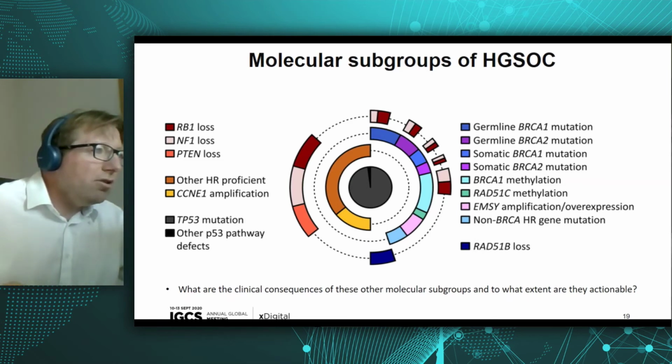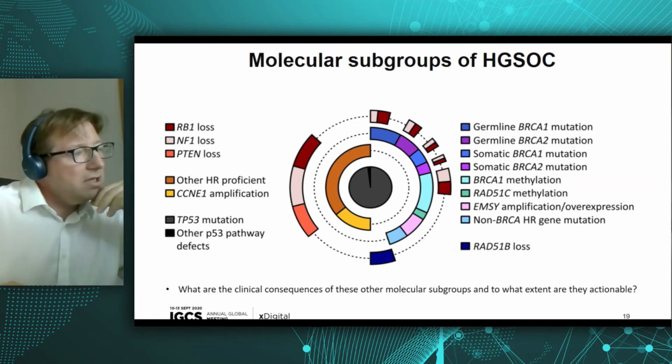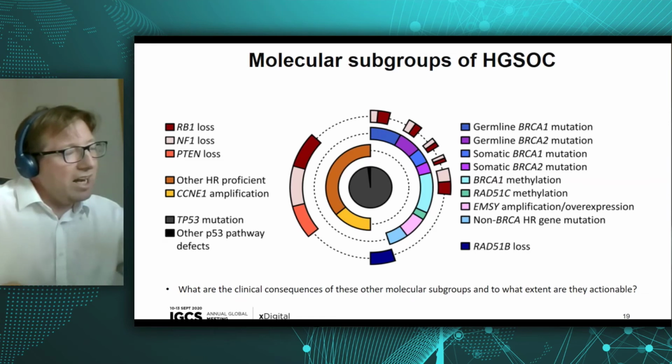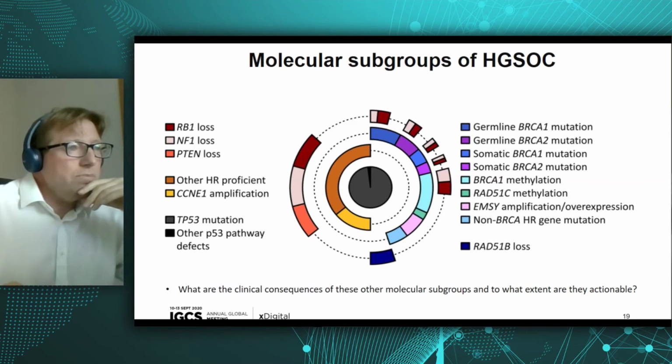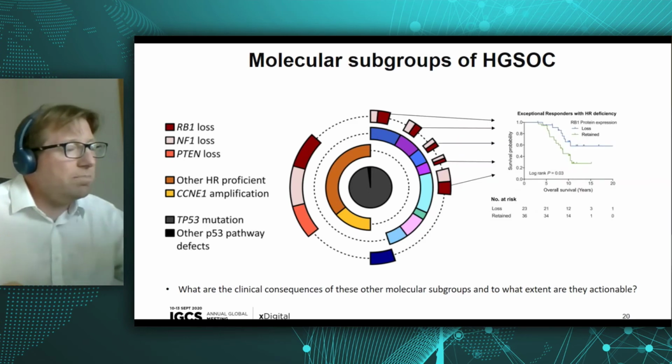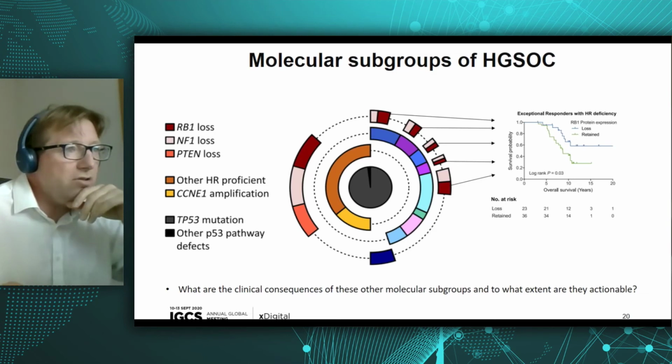Now, it used to be thought that all of these things were mutually exclusive from the HRD abnormalities. But it turns out that you can have an HRD abnormality and still have NF1 loss and still have RB1 loss. And that actually might be important. Anna DeFazio's group in Australia looked at the patients who had HRD and also had RB1 loss.